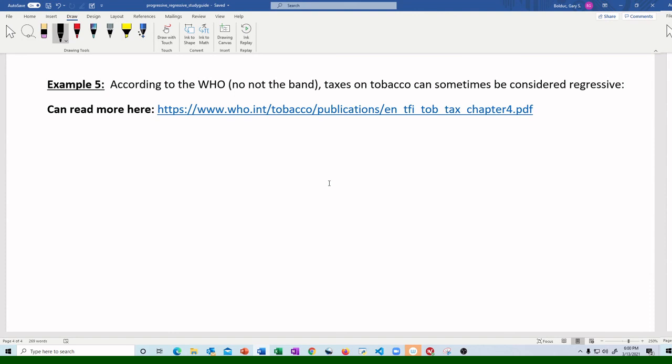Well, we got to think about this. Regressive meant that as your income increases, you pay a smaller percentage of your income on the tax.